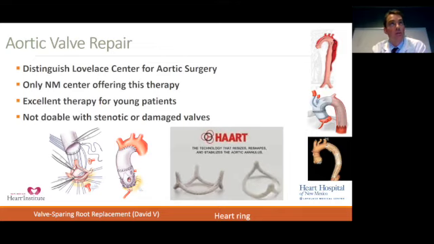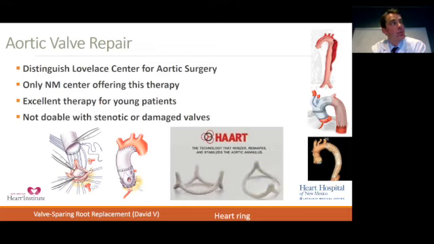So right now, what we're seeing is that the valve repair techniques that were being perfected and distributed for the mitral valve, so it was no longer an experiment, something that certain centers had perfected and is now being more widely released, that's where we are with aortic valve surgery.